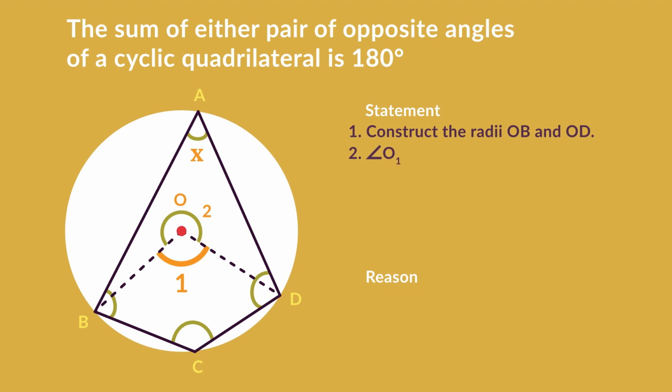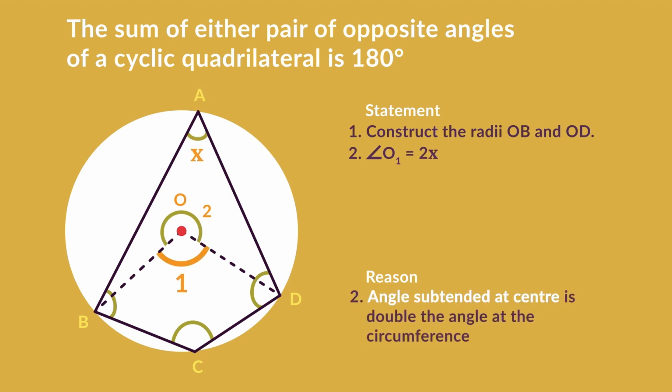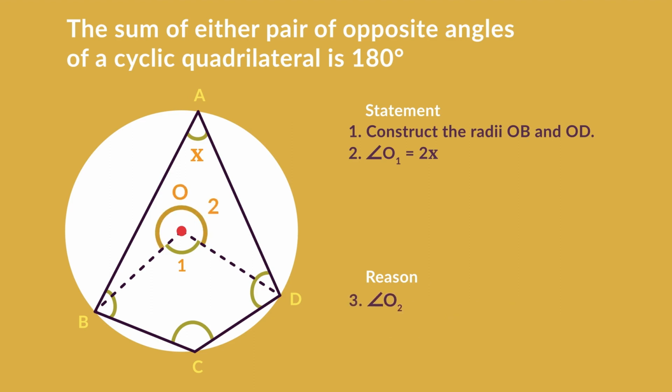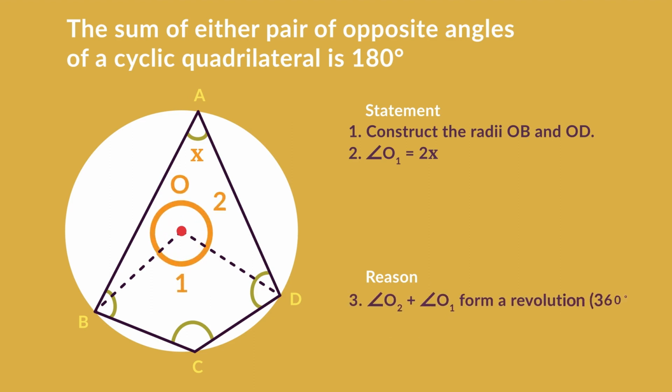Angle O1 is double angle A, so it is 2x, because the angle subtended at the centre by arc BD is double the angle subtended at the circumference. Angle O2 and angle O1 form a complete revolution, so their sum is 360 degrees. This means that O2 equals 360 degrees minus 2x.